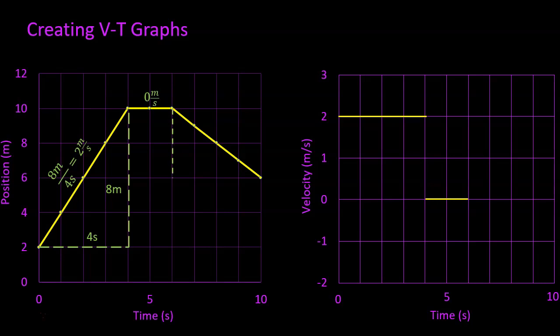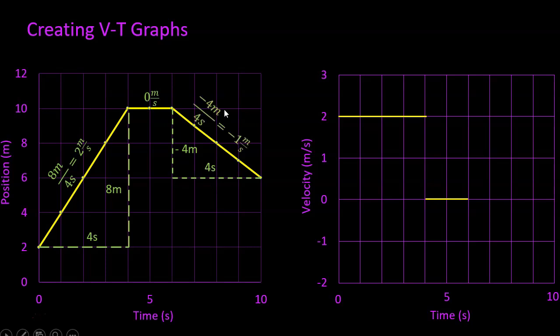Next, let's calculate the rise and run for our last segment from 6 seconds to 10 seconds. The rise was negative 4 meters. Now you may be saying, why is it negative 4 meters? Well, remember, to calculate the rise, it's the final position, which is 6 meters, minus the initial position, which was 10 meters. So for this segment, the displacement was negative 4 meters. And the run was the final time, 10 seconds, minus the initial time, 6 seconds.